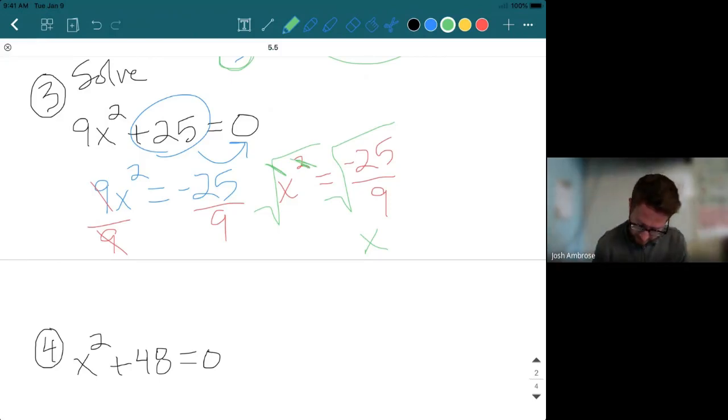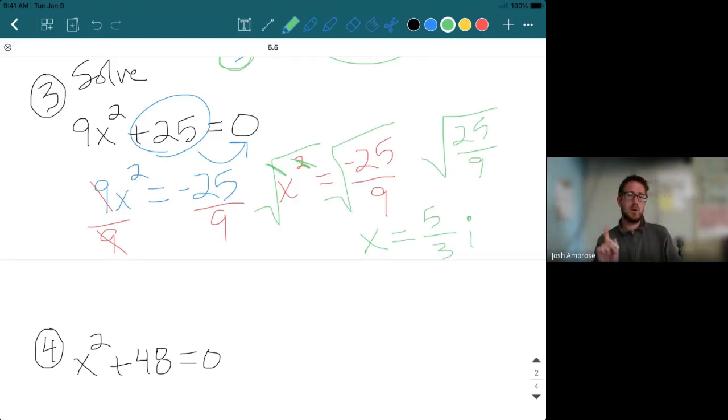All right. So equals, take out an i. And if we take out that i, that's now essentially saying that what we have is the square root of 25 over 9, which we can do because the square root of 25 is 5 and the square root of 9 is 3. But there's one last piece.